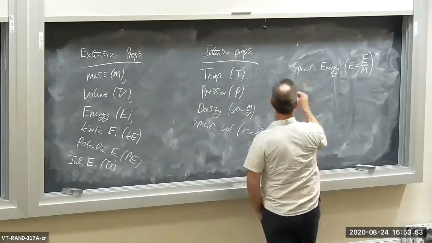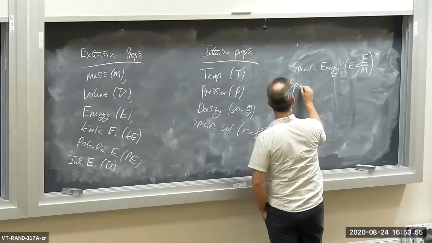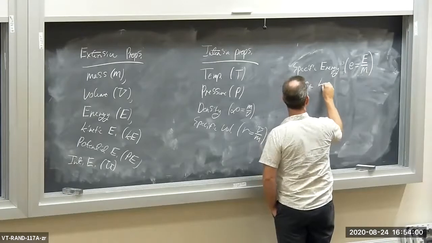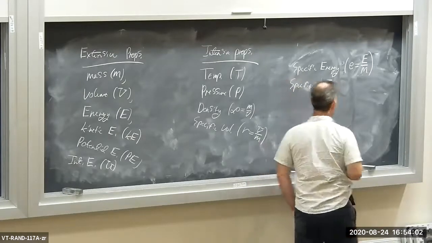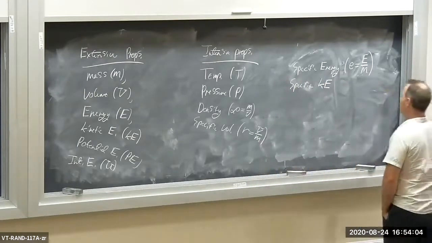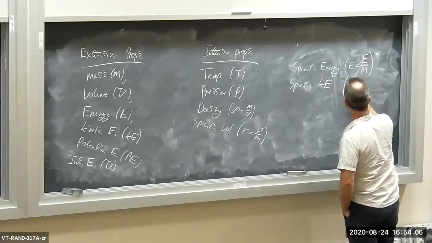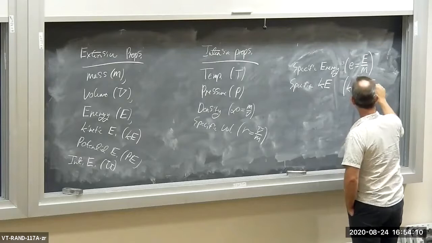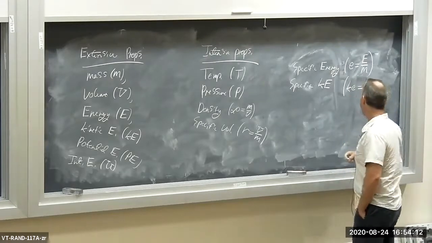Specific kinetic energy is going to be lowercase ke, which is equal to the kinetic energy of the system divided by the mass of the system.